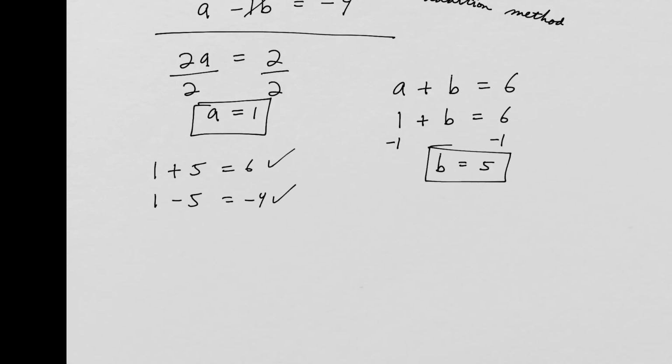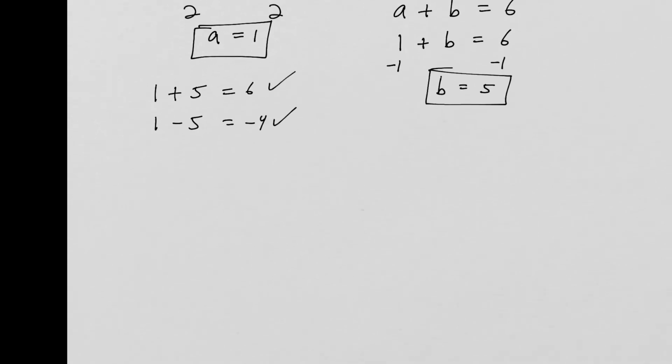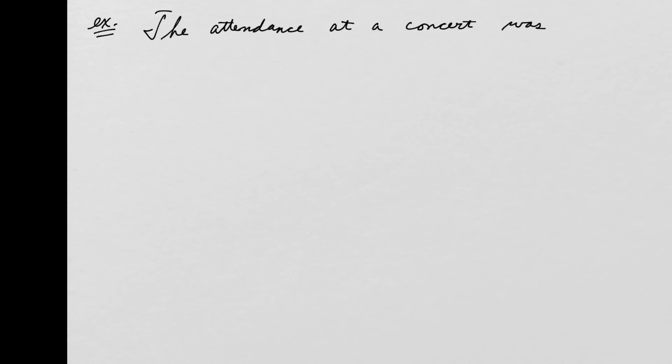Okay, here's another example. I'm just going to bring up a new page here. Let's say you're told that the attendance at a concert was 1,250 people.